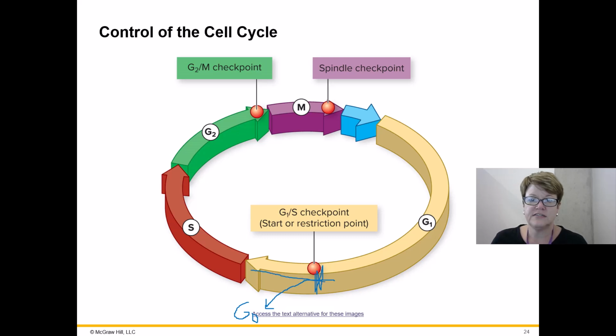If the cell decides to move forward with cell division, it'll go into S phase. Then a cell that has gone through S phase has another check here at the end of G2 to make sure the DNA has been replicated and fixed if there's been any damage, and it goes into M. And then in the middle of M phase, the cell is checking to make sure the spindle is attached to each chromatid.